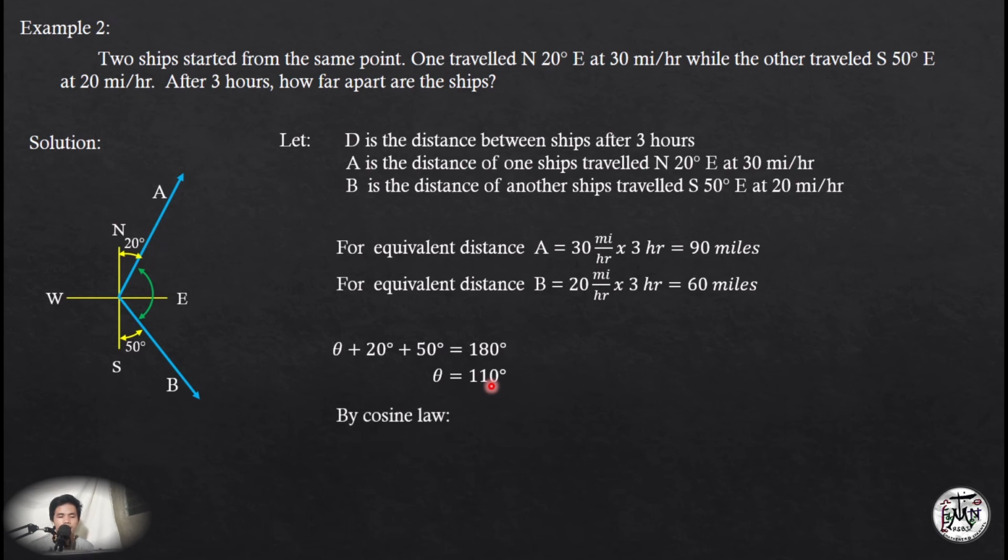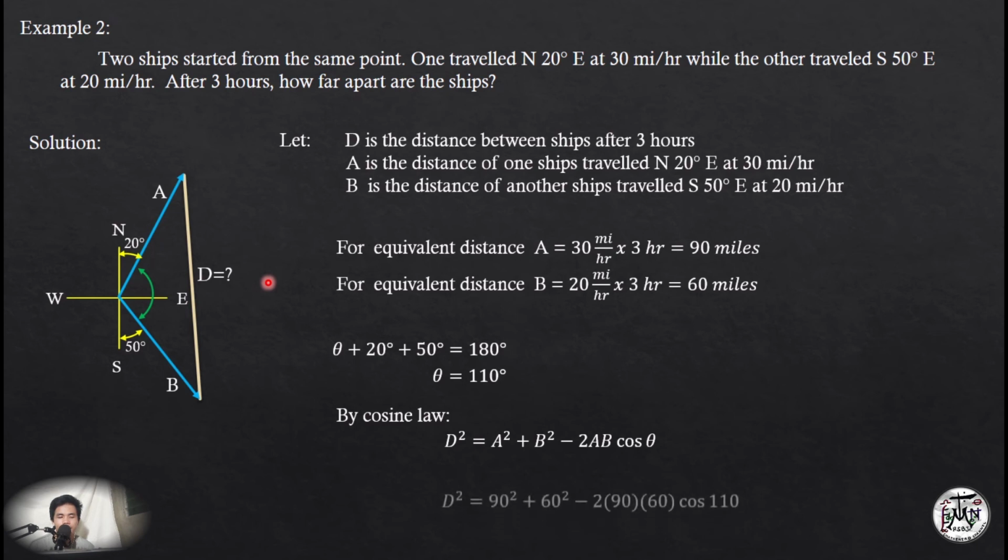Okay, so by using the cosine law, remember to find the distance. d squared is equal to a squared plus b squared minus 2ab cosine theta, where theta here is 110 degrees, because it is opposite d, the distance that we can find.